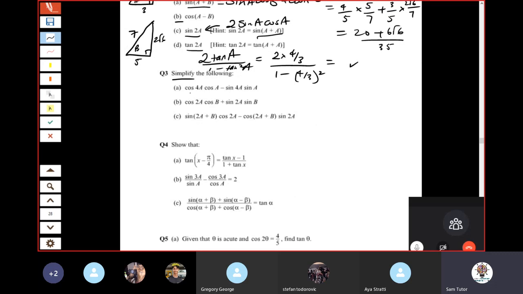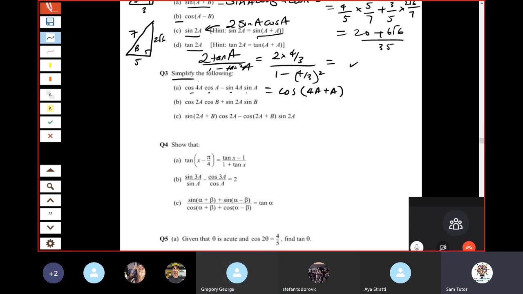Let's look at question 3. Simplify the following. Cos minus sine. That looks pretty interesting. Anyone feel like they know the answer to this? Cos something. Cos 4A minus A? Oh, cos 4A plus A, sorry. Cos is going to be the opposite one, if you remember that.